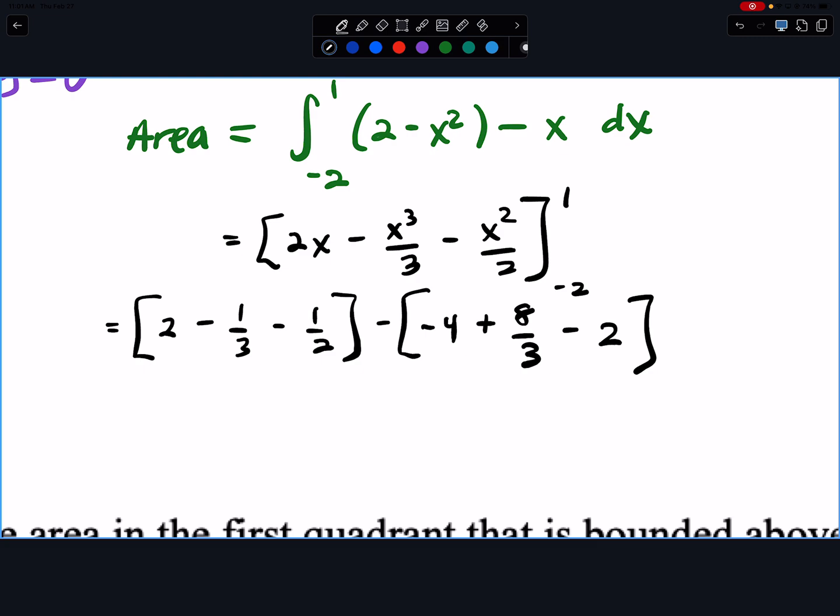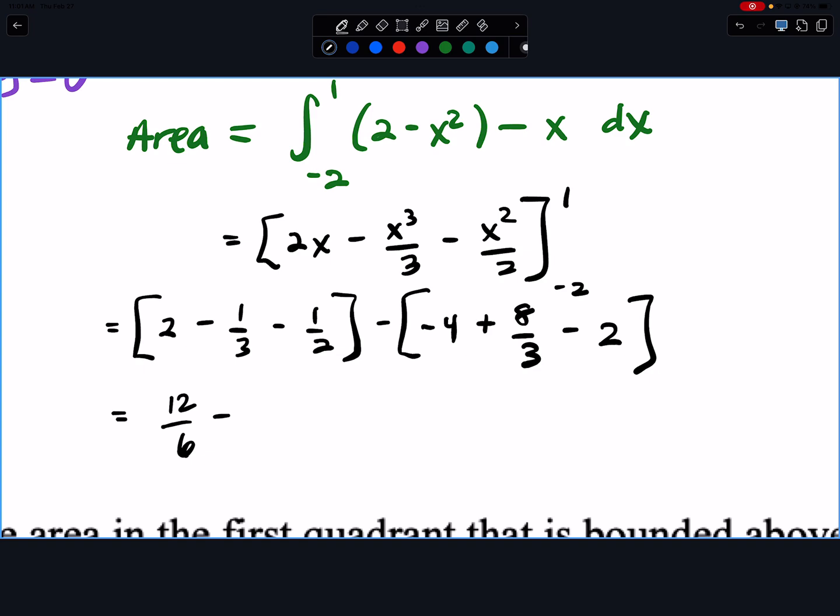Okay? To make my life easier, notice I have denominators of 3 and denominators of 2. What's the common denominator? 6. So I'm going to turn everything into 6ths. So this is 12/6, minus, I'm going to turn everything into 12s, my bad. No, 6.